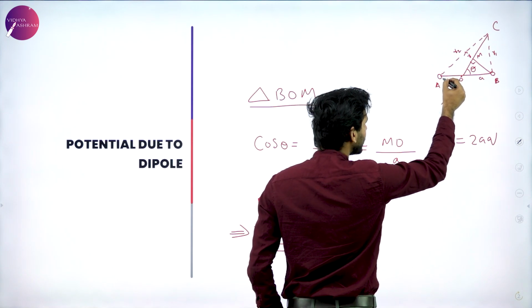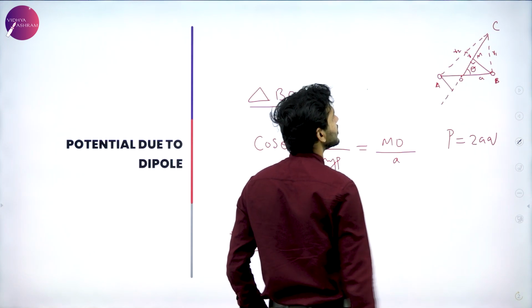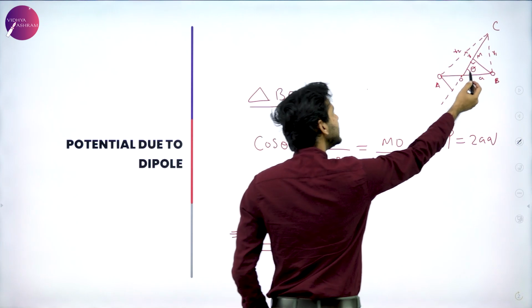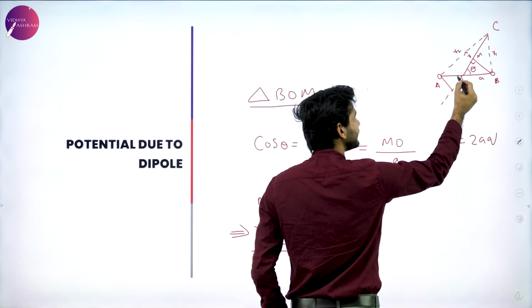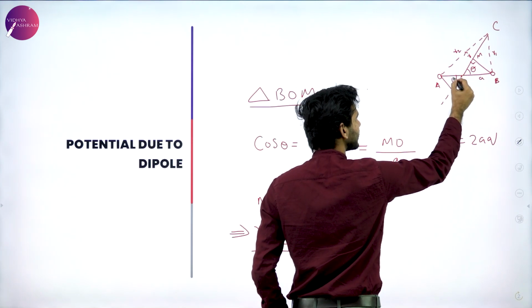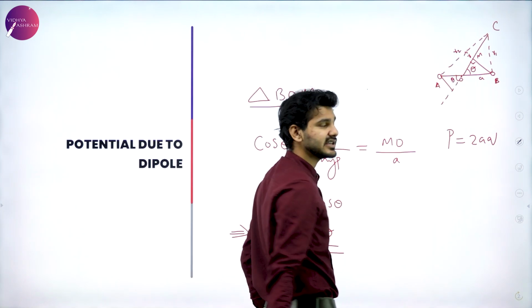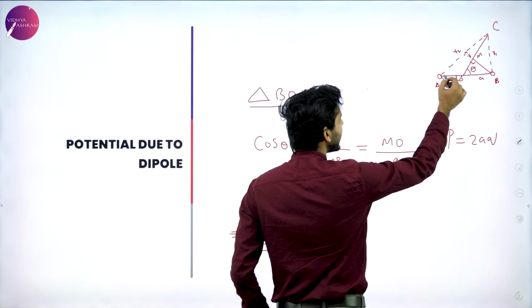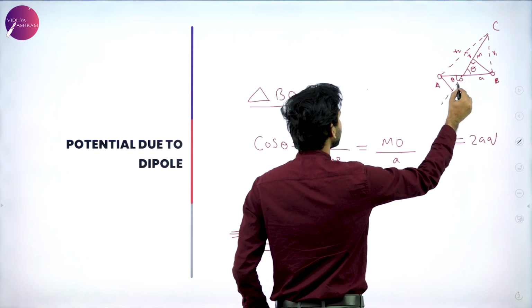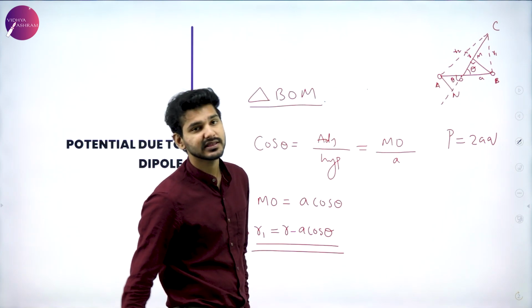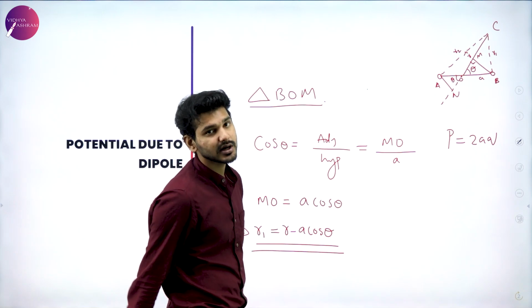We are going to draw a normal like this so that these two angles are equal. Again, this will be theta. If the angle MOB is theta, then automatically the angle AON, let's say this is N, will also be theta because opposite angles are equal.